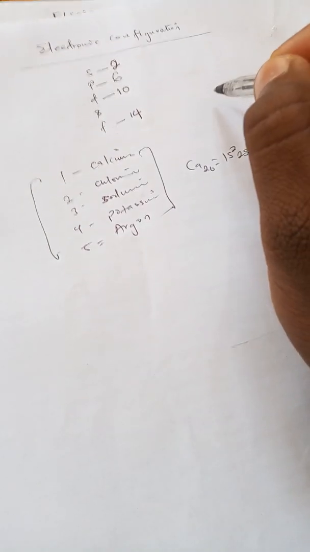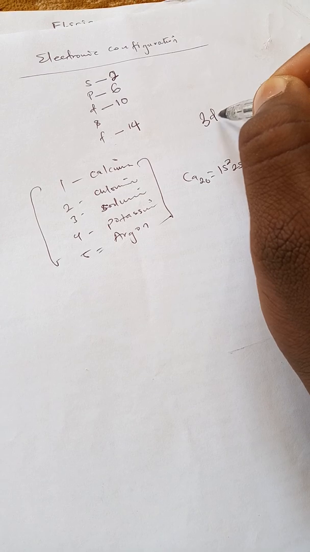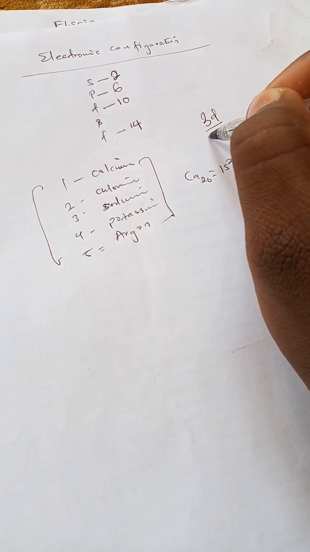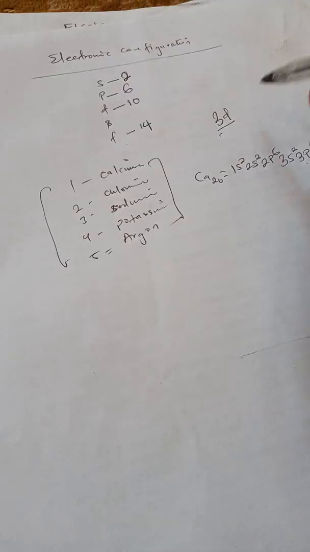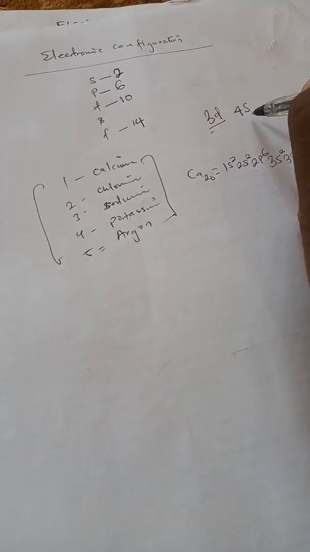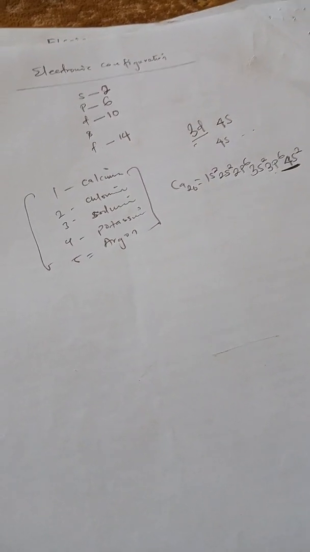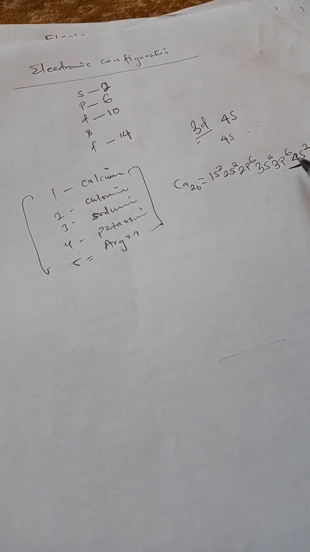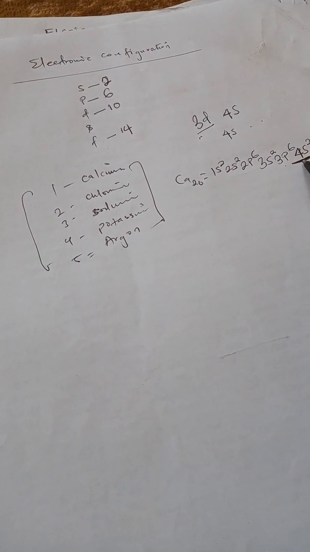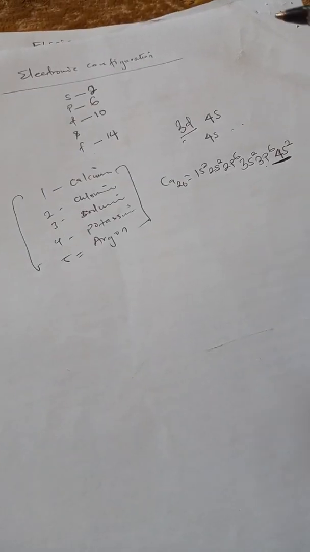The reason is that 3d has a higher energy than 4s. Therefore, 4s has to come first before 3d. In any of the examples you are going through, make sure 4s comes first before the 3d. We'll see that case in the later examples.